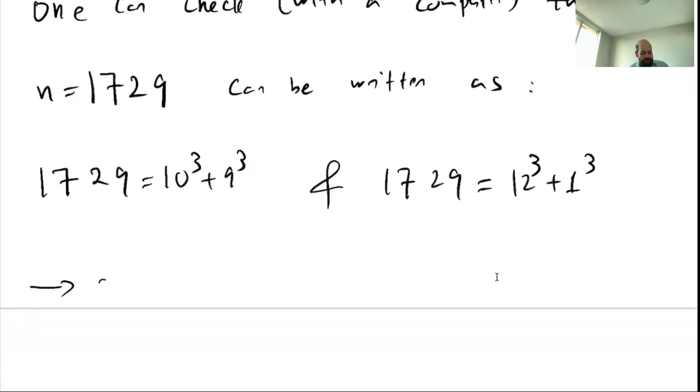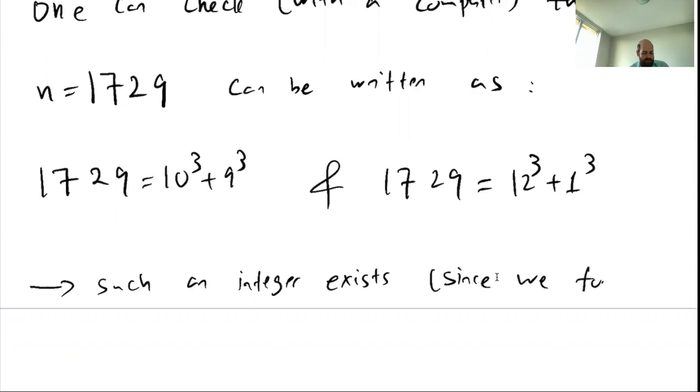So that means such an integer exists since we found one, right? So for example, you want to know whether there exists a person whose investments, let's say, are worth more than $1 billion.